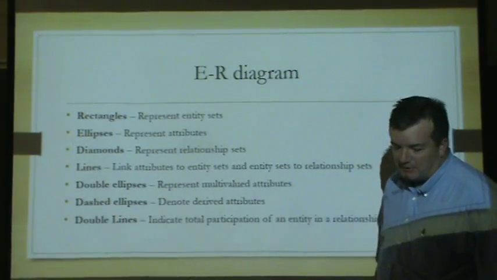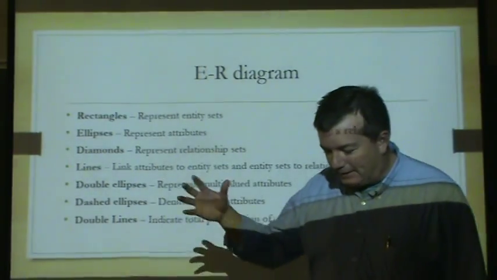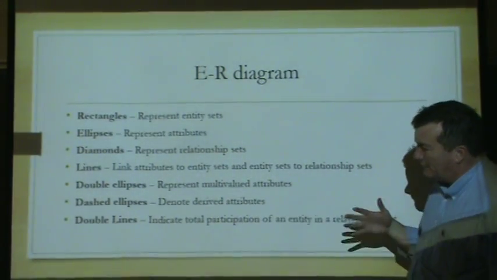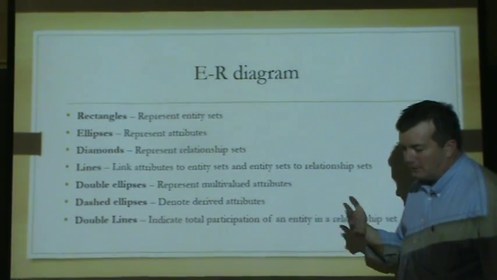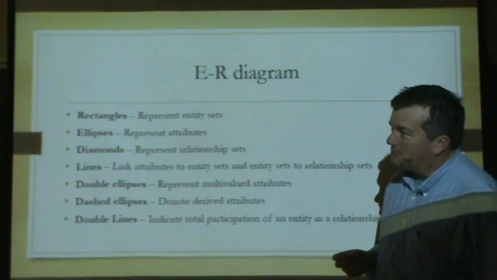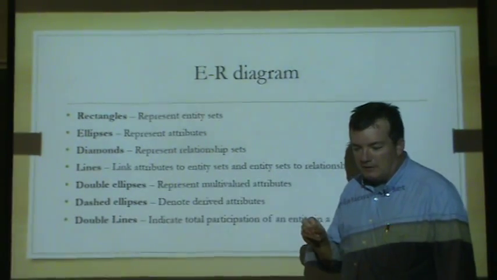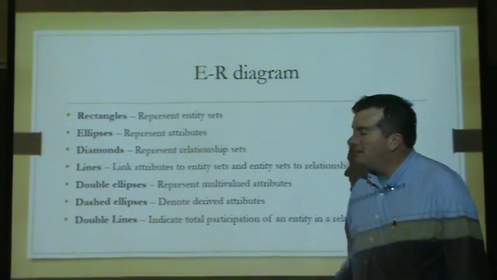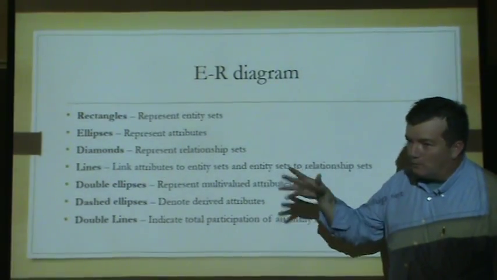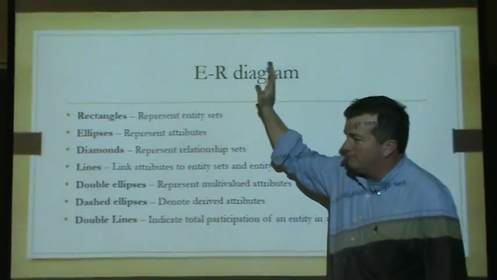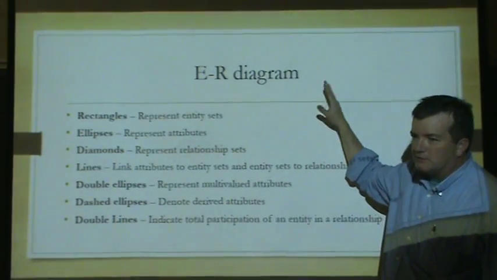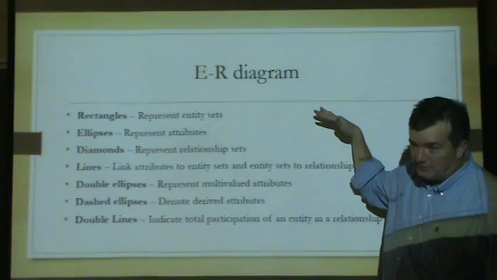So let me give an example. A derived attribute means it's not actually in the table, but you can calculate it by what's in the table. For example, suppose you're driving around in your car in Hackensack, and you want to go to a nearby restaurant. So there's a database that says the name of the restaurant, the hours it opens and closes, and its location.